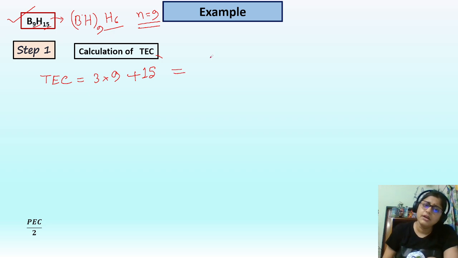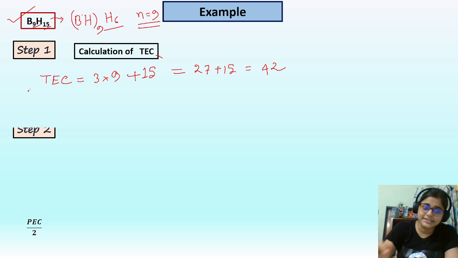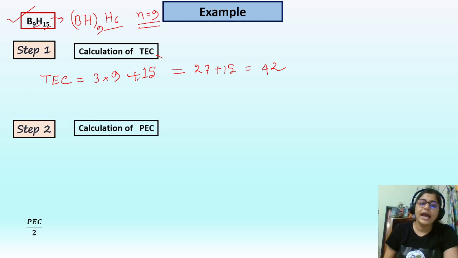Okay, fine. Now TEC will be 27 plus 15. That will be 42. Fine. Now the next step is step 2. Calculation of PEC, polyhedral electron count or skeletal electron pair. PEC will be 42 minus 2n. n is here 9, right?